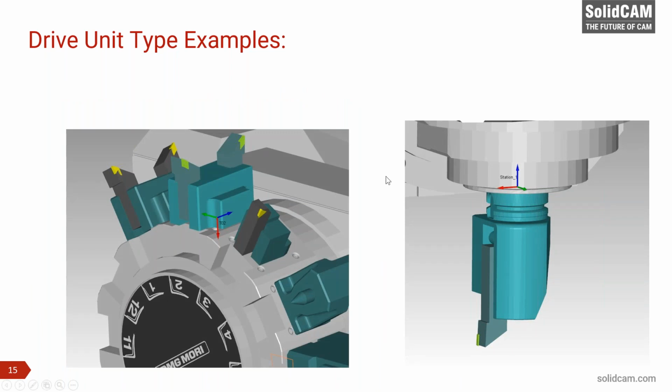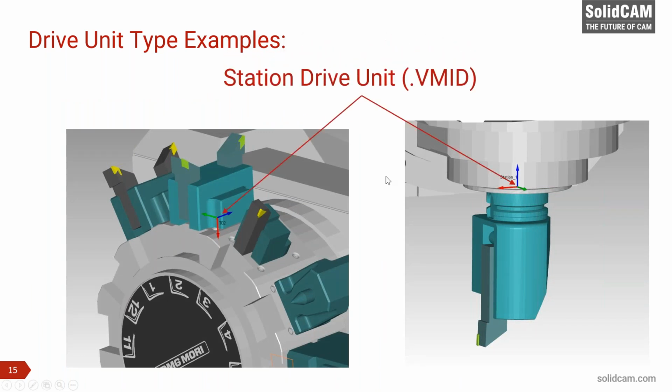Now we have an easy example where I purposely put 2 different types of turrets: the one on the left is a revolver, and on the right it's the B spindle type with a B axis. They both have the station drive unit defined.